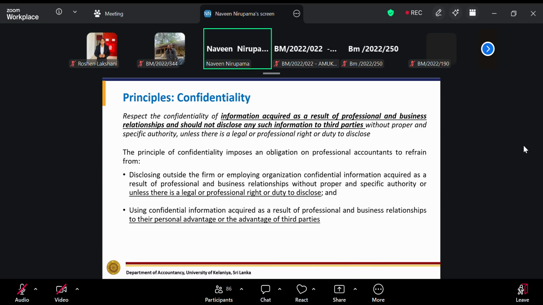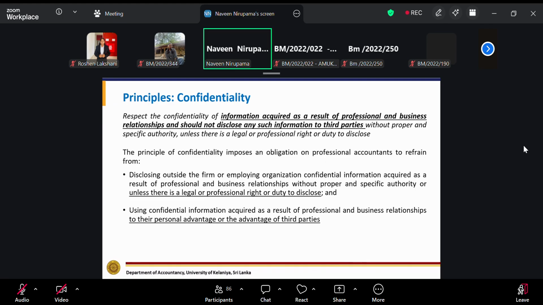And the second bullet point, you can see: using confidential information acquired as a result of professional and business relationships for their personal advantage or the advantage of a third party. Confidential information should not be used for personal advantage or the advantage of any third party.